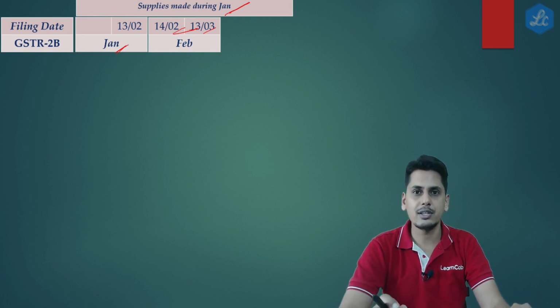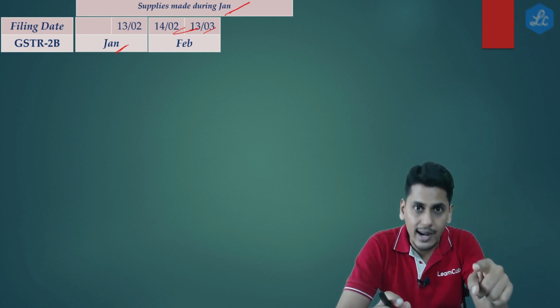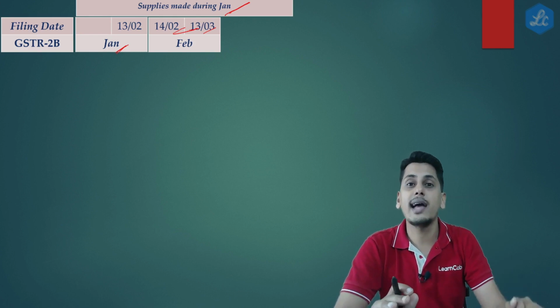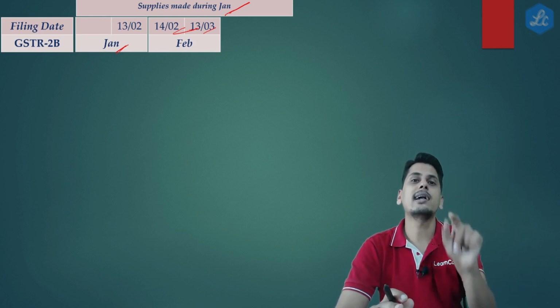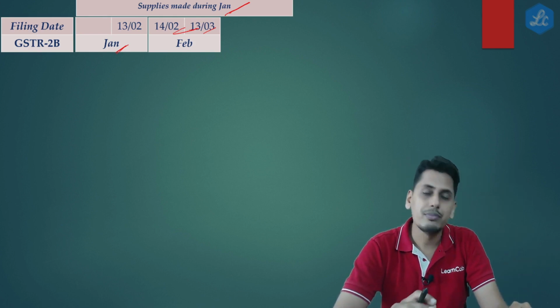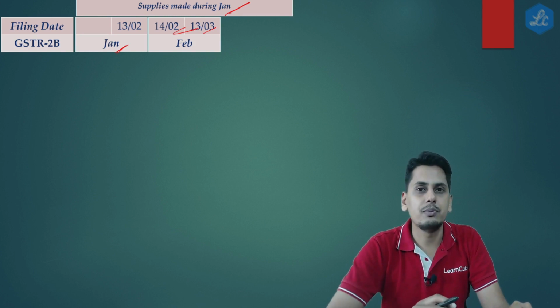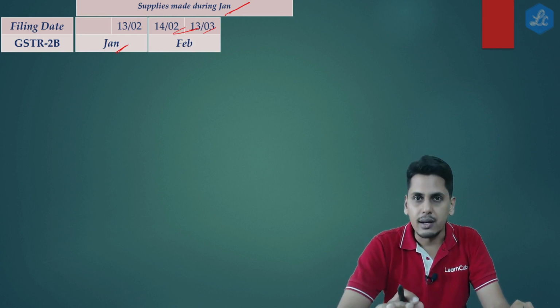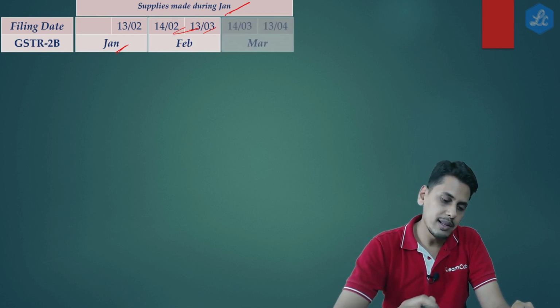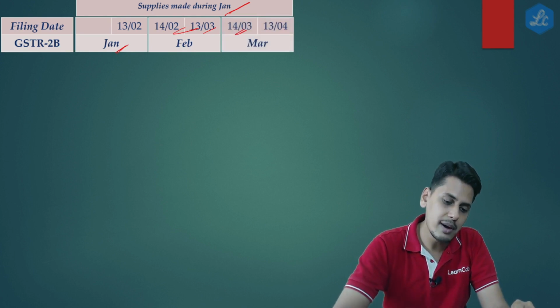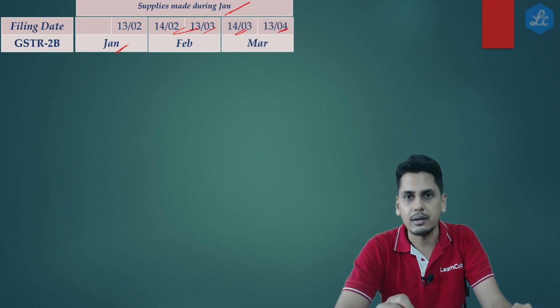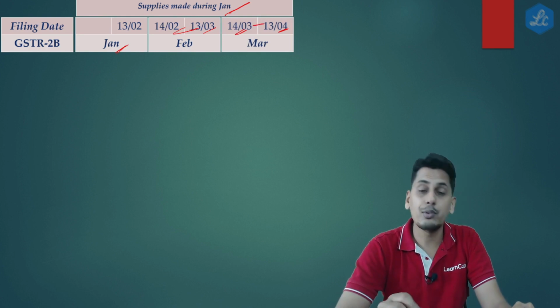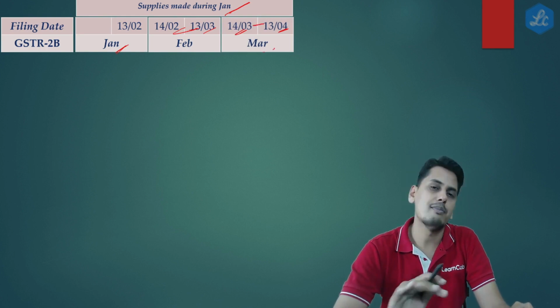There is going to be a GSTR 1 which needs to be filed for the entire quarter, including that of March. So now the due date happens to be 13th of April. So friends, for the month of March, from 14th March till 13th April, the details which are uploaded in this window would appear in GSTR 2B of March.